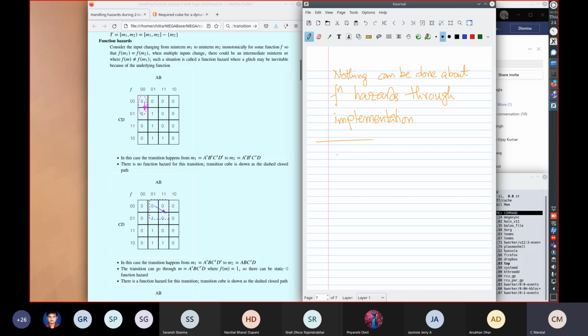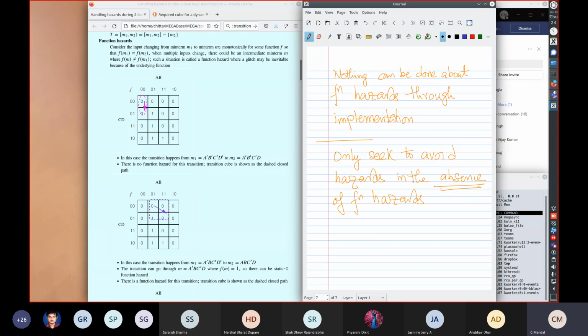So we only seek to avoid hazards in the absence of function hazards.